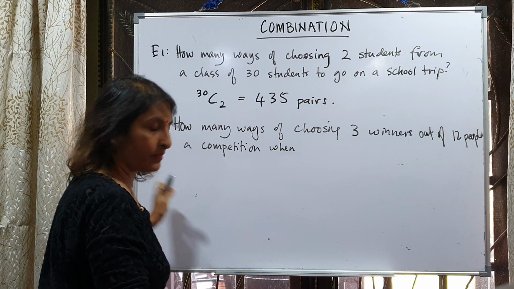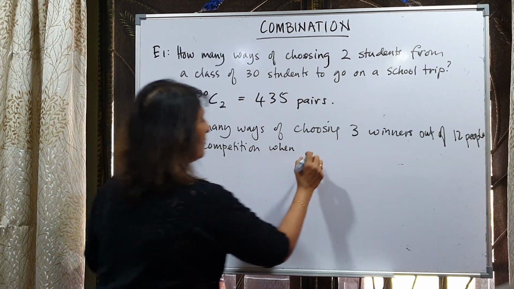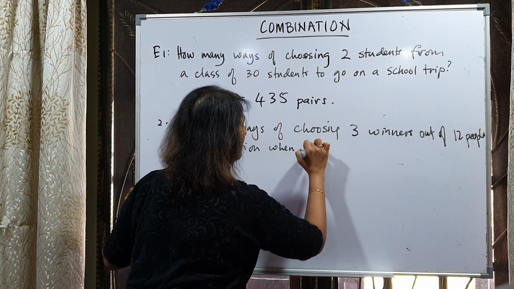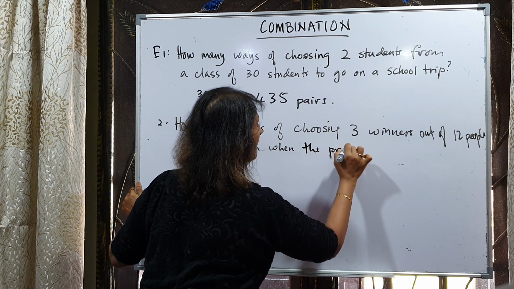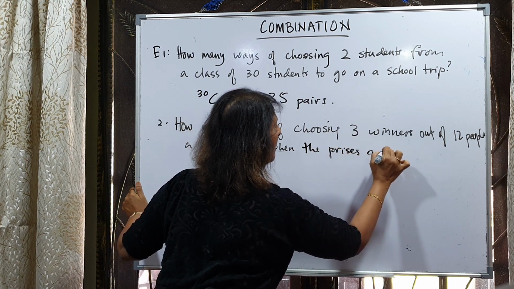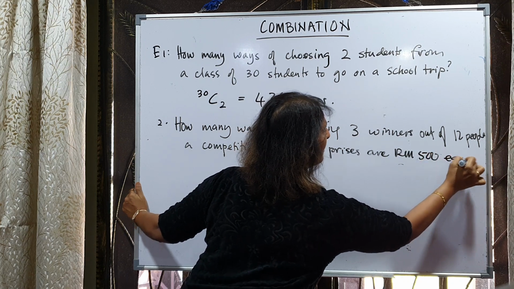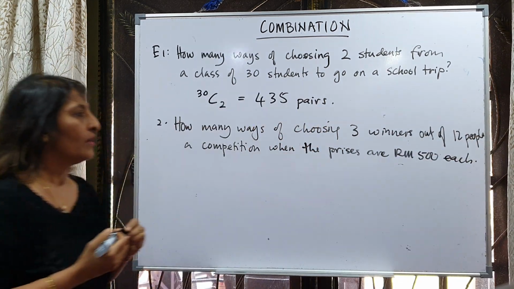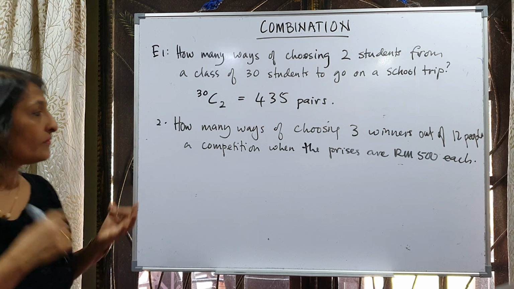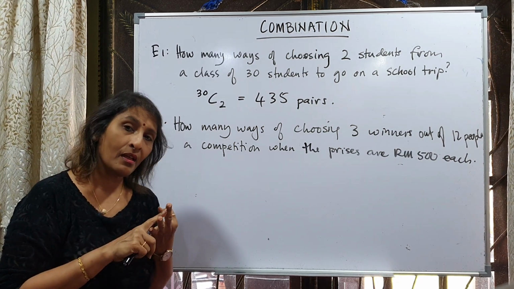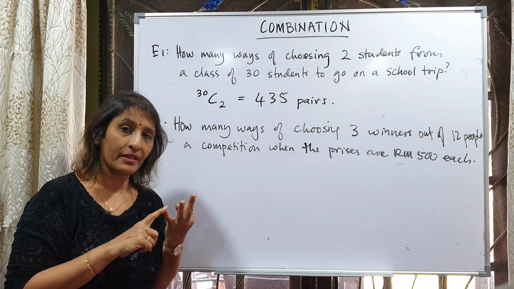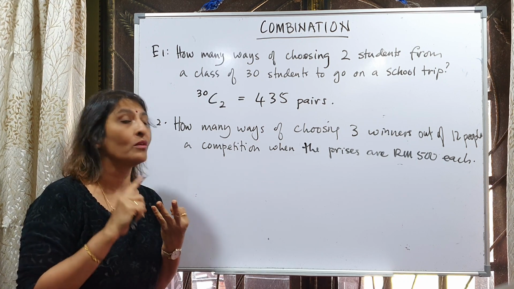Okay, when the prizes are RM, let's say 500 each. Alright? Okay, for this question, I'm going to choose 3 people, but the first person is going to get 500, second also 500, third also 500.